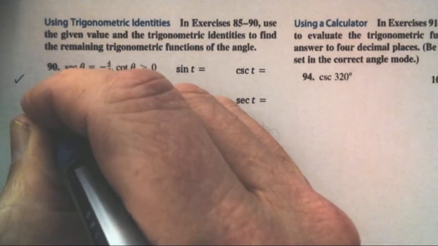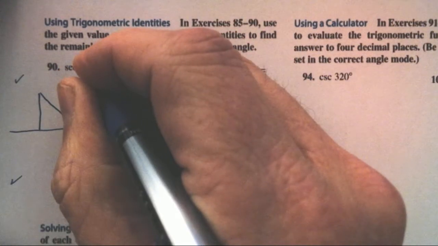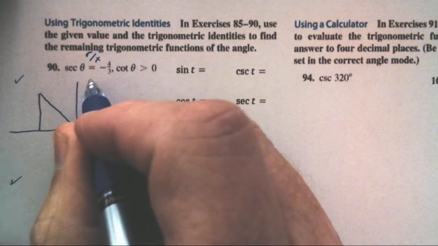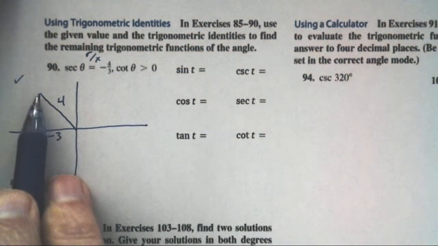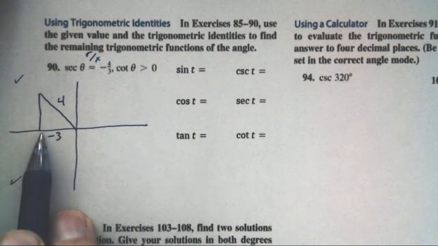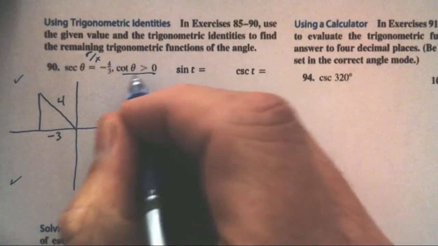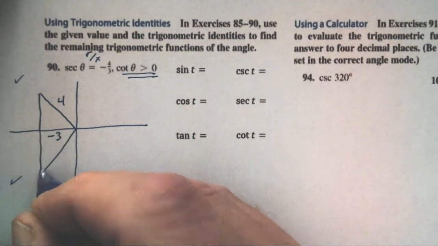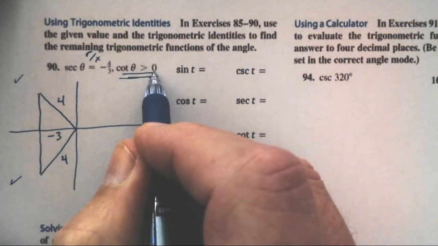So I'm going to build that triangle. This is our r on x ratio, negative 4 to 3. This must be 4, and the x must be negative 3. Careful, this is most definitely not 5. Oh, am I in the right triangle, though? Wait a minute. This says cotangent is positive, so I could have been here as well. We're still in the right ratio, but this says cotangent is positive.